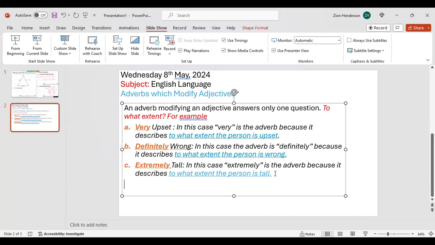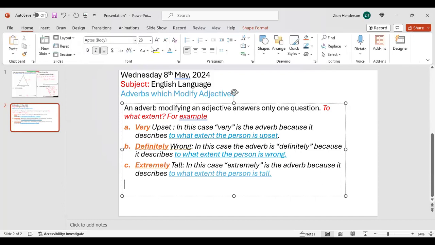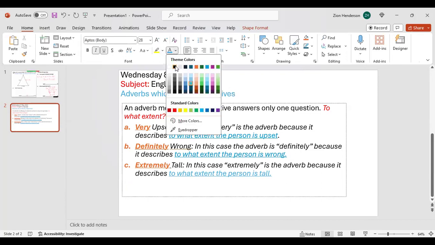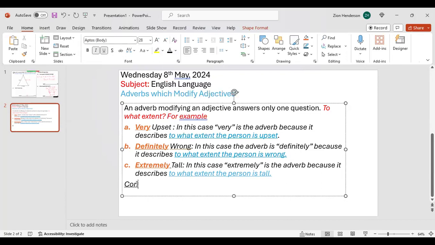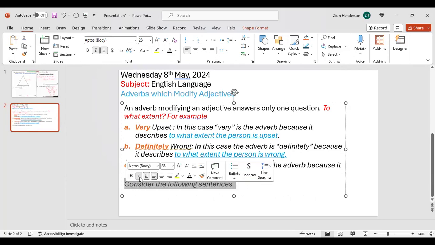Okay, so let's do an example. Consider the following sentences. I'm only going to give you two. Two is enough.